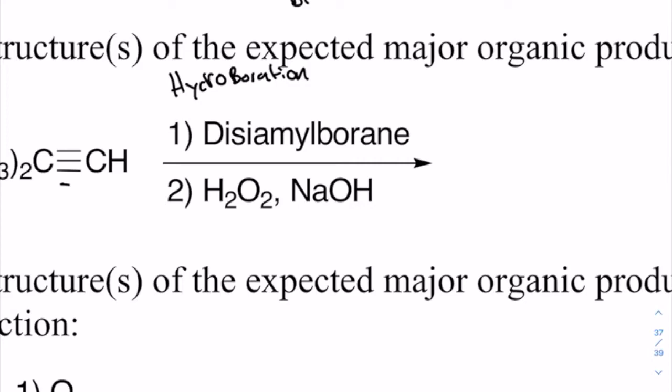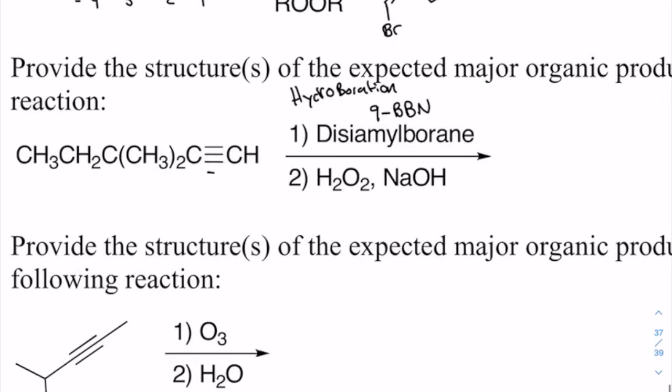And disiamylborane is also written as 9-BBN. So if you see 9-BBN, it's a hydroboration reaction, right? So again, we know we're going to reduce the triple bond down to a double bond, and the hydrogen peroxide also means it's going to add anti-Markovnikov.